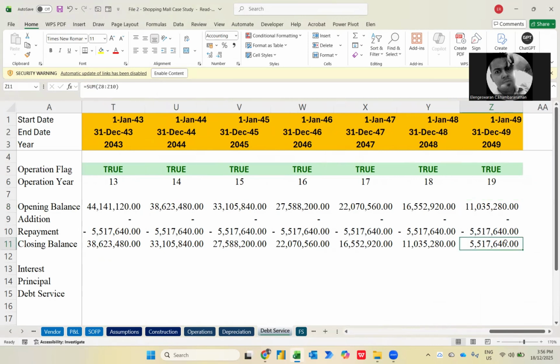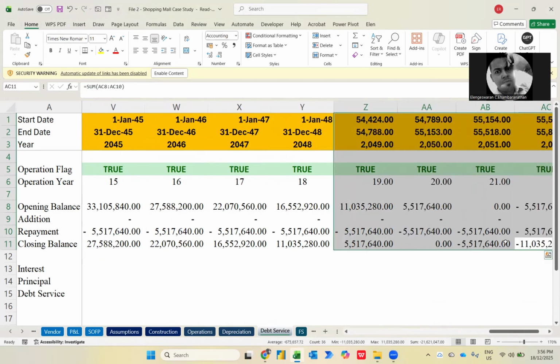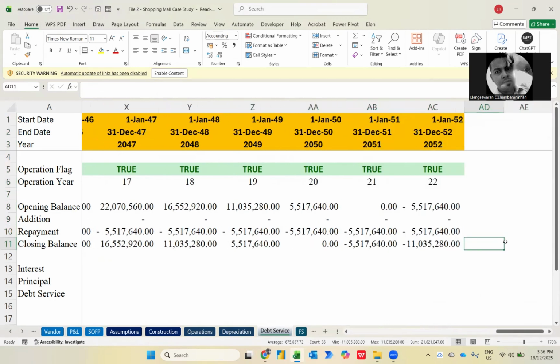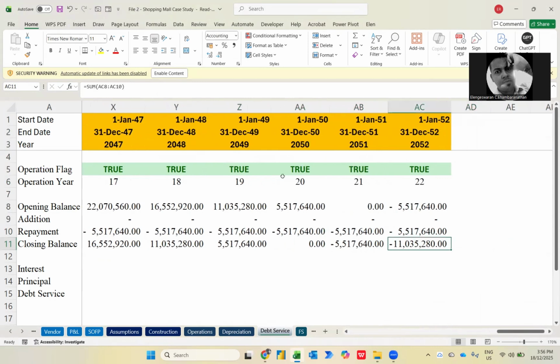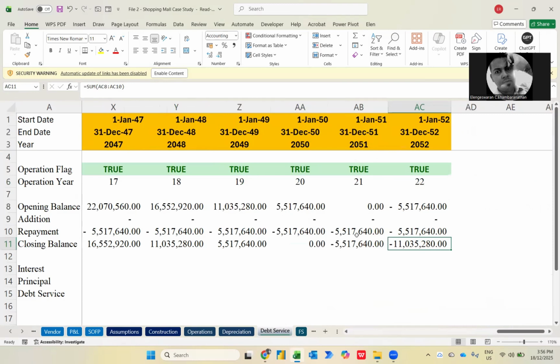When I drag here, you will notice that after the 20th year, you don't have the closing balance because we have already settled our loan. After that, we don't have to pay our loan again, because the loan tenure is about 20 years, meaning for 20 years you will keep paying. After the 20th year, you don't need to pay.